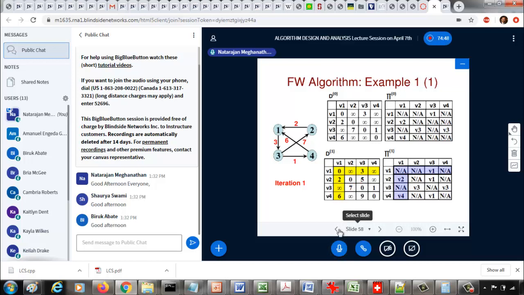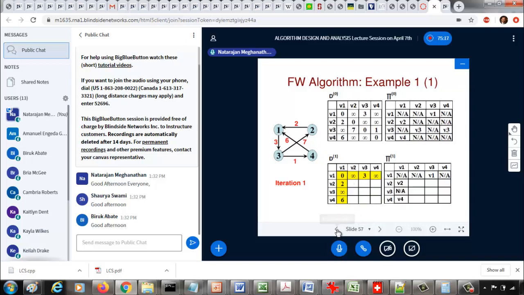How can we enter that information in the predecessor matrix? For V1, that's the highlighted row, whatever is the predecessor from V1 to V3, because there's a path from V2 to V1 and then V1 to V3. On that later path from V1 to V3, the predecessor is V1, and we use the same predecessor as the predecessor from V2 to V3.